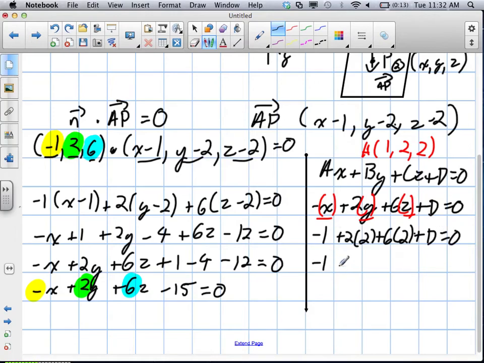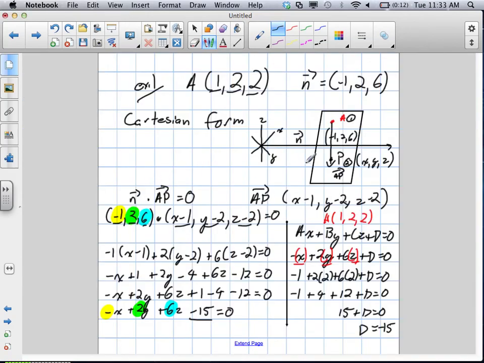That gives us -1 plus 4 plus 12 plus D equals 0. This gives us 15 plus D equals 0. D equals -15, which is exactly what we found in our other version. The one on the right might be a lot faster for some of you. The one on the left helps conceptualize the idea of what we're doing.